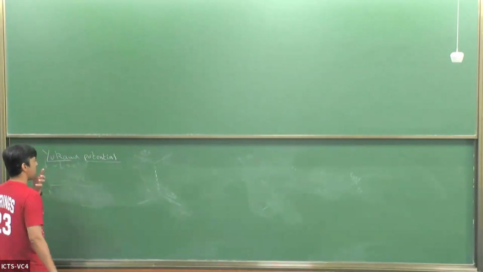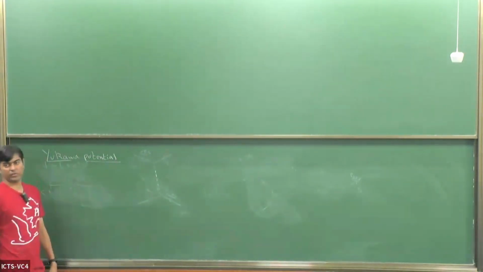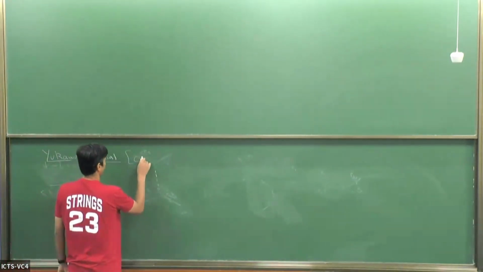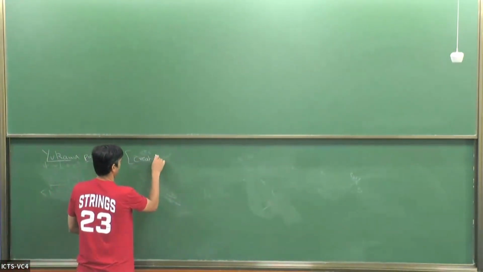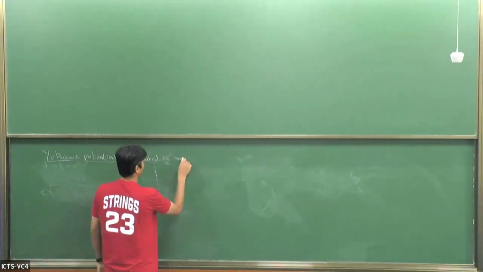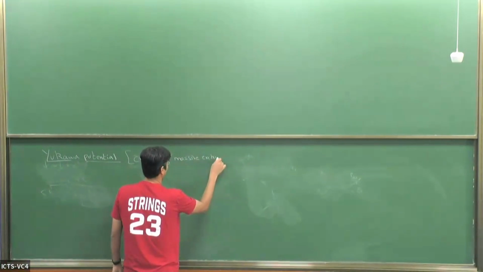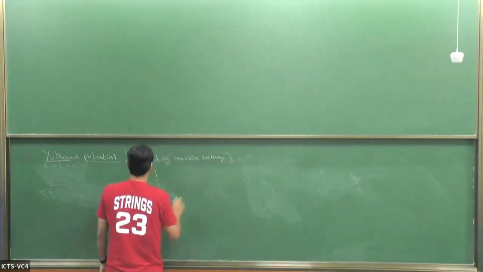The Yukawa potential is a potential that's created by the exchange of massive particles, and the potential has this form.